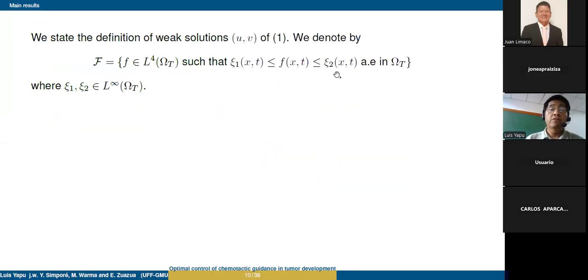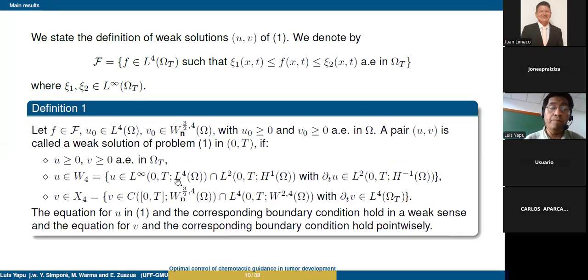Which are the main results? We will work with the controls in this set in L4, but with the condition that the controls are between two functions, xi1 and xi2, which are L infinity. And first we define a solution of our problem.